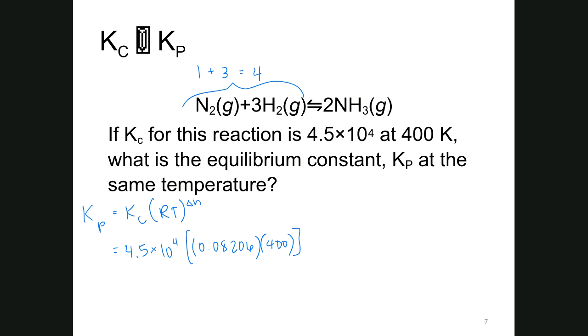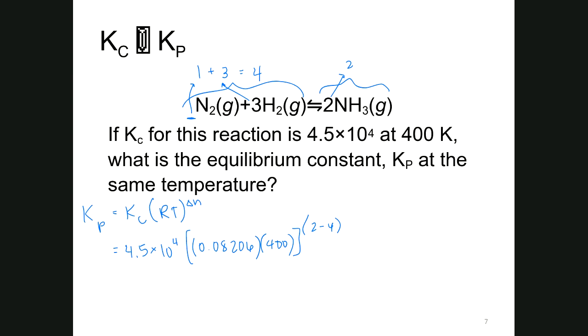Again, all we're doing is taking these coefficients, technically there's a 1 written here, and adding them together. Whereas on the right side, we have only 2, right? That's the only coefficient that we have. So since we take products minus reactants, it's going to be raised to the 2 minus 4, which we know is -2.